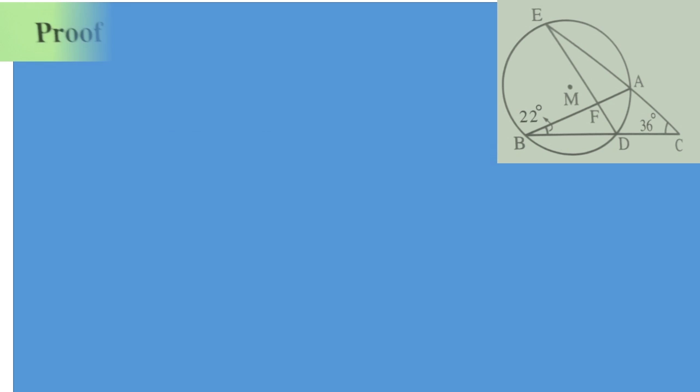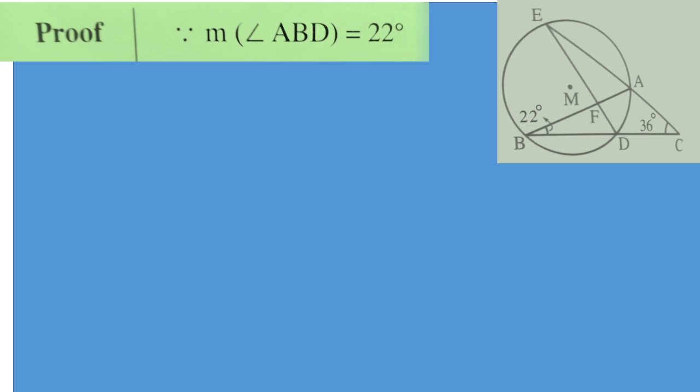In the opposite figure, find the measure of arc EB. I will prove that. Here, the measure of angle ABD, where is ABD? This is ABD, an inscribed angle. Focus. Since EA, where is EA?